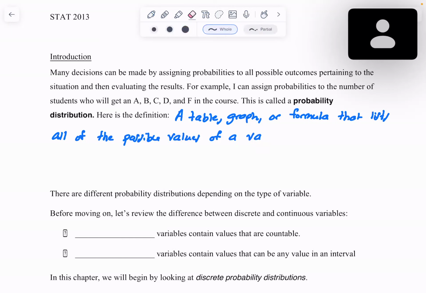I just need to put the word random in there. And the corresponding probabilities.